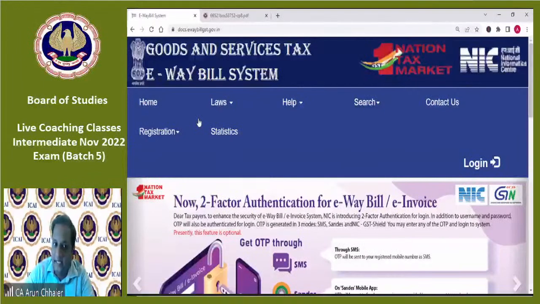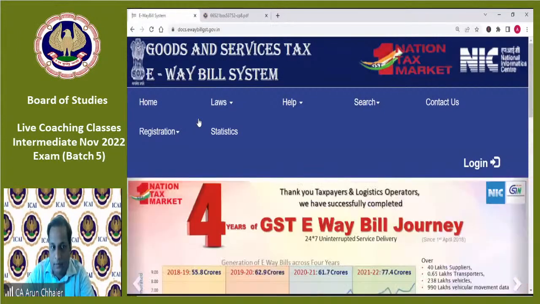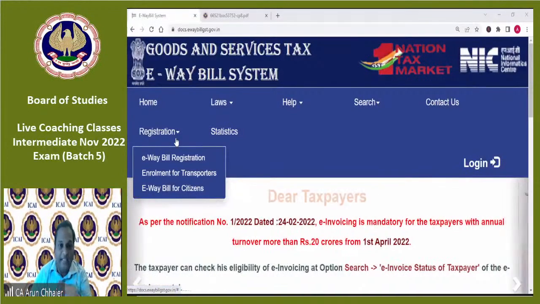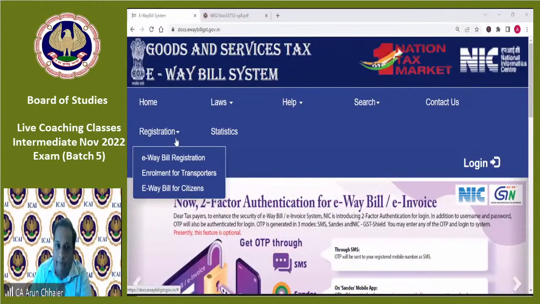So this is the e-way bill government website. The only part I would like to explain is the registration. I need to register myself on the e-way bill website, then only can I log in.